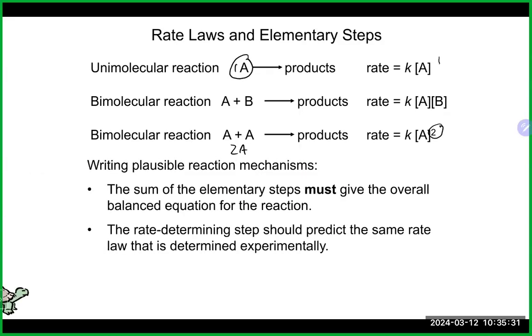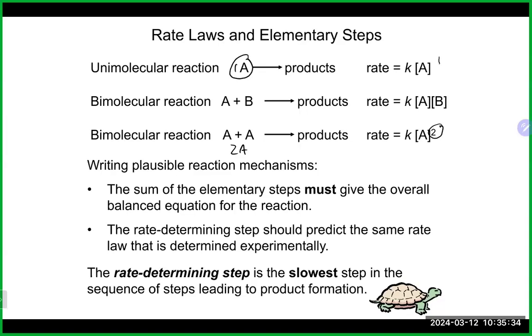So what are we going to do with these elementary steps and these rate laws? As I mentioned before, there's really a main type of mechanism question, which is pretty much, is this a good or bad mechanism? Is this basically how this reaction can occur? In order for a mechanism to be a good mechanism, there's a couple of things that have to happen.